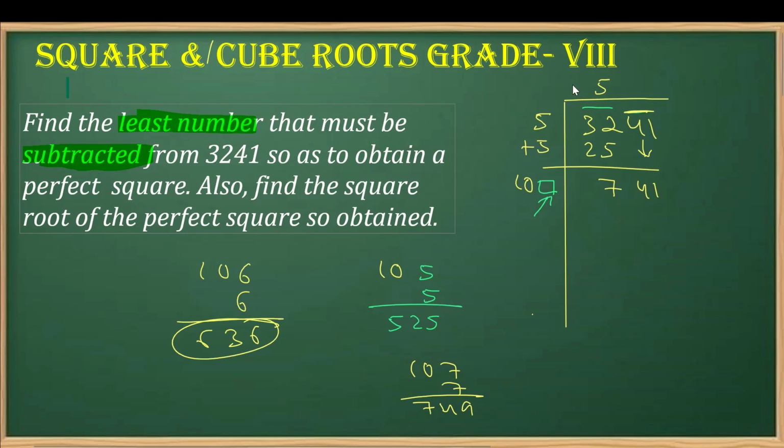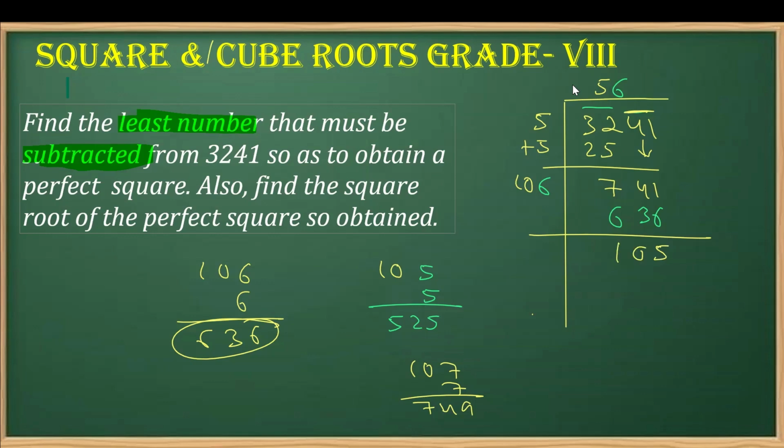So we replace this by 6, and 6 multiplied by 6 gives 636. Then we find the difference, so from 741 we subtract 636. That is 11 minus 6, which is 5, then 0, and then 1.